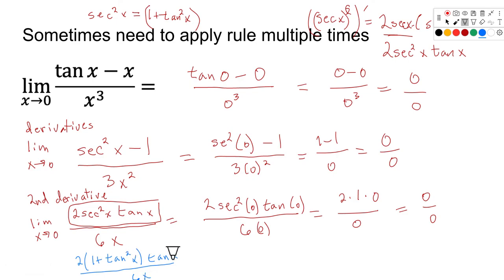And then we just do the algebra. Let's distribute the tangent to the 1, so tangent x times 1, so we get 2 tangent x, and then tangent times tangent squared, plus 2 tangent cubed x, all over 6x.